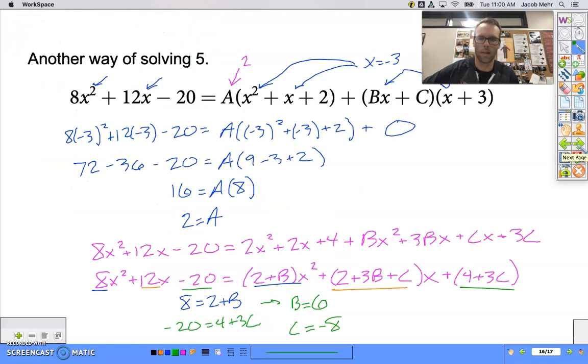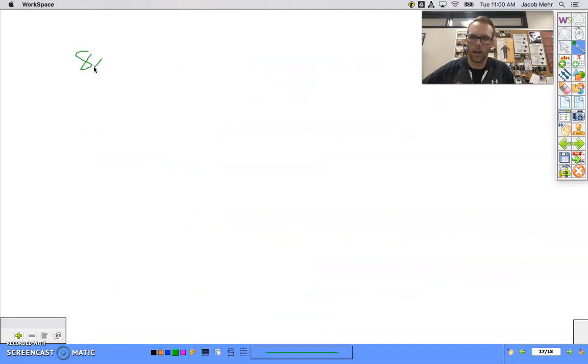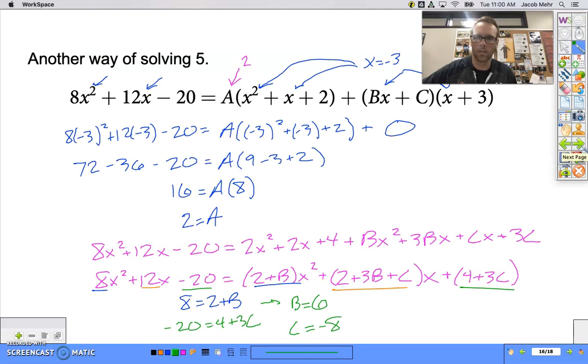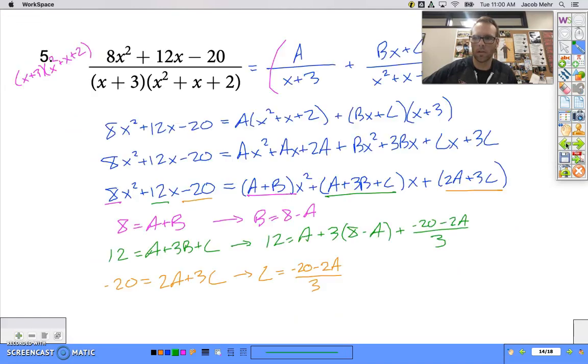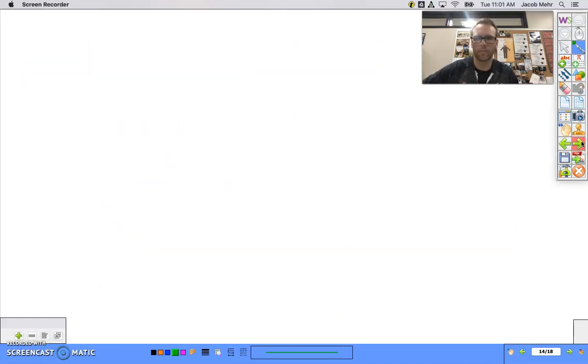Let's just take that minute now to write out our answer. 8x squared plus 12x minus 20 over, let's see here, what was our denominator?